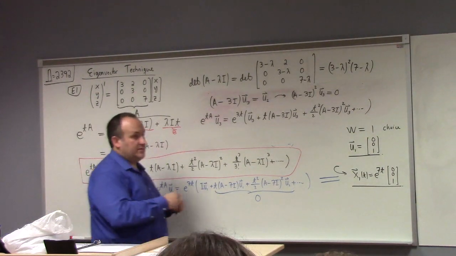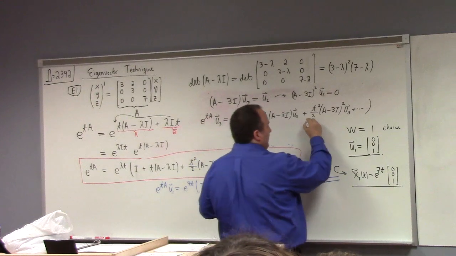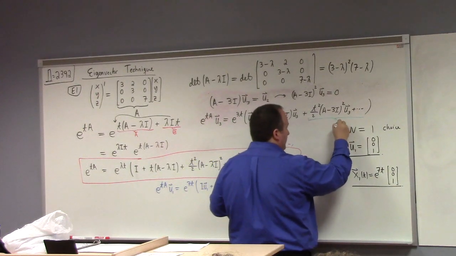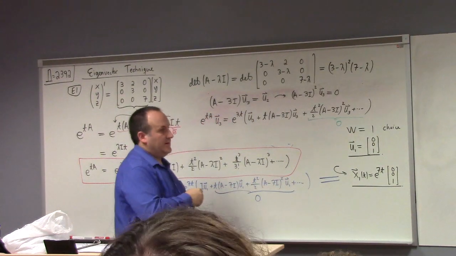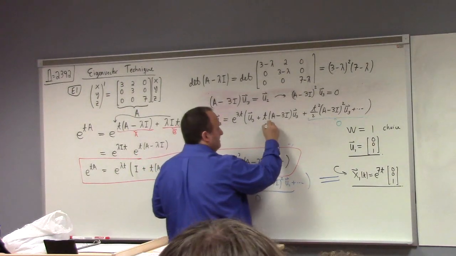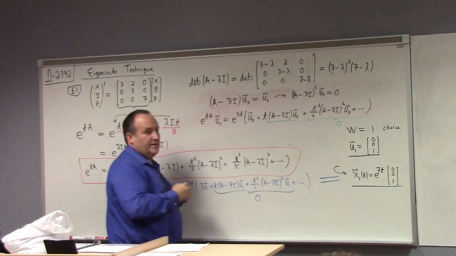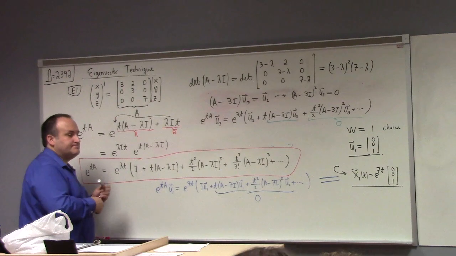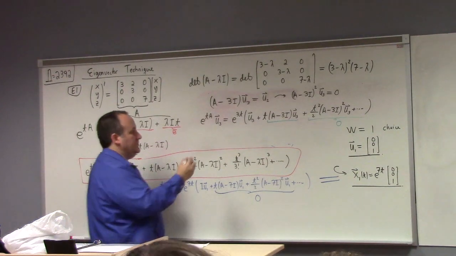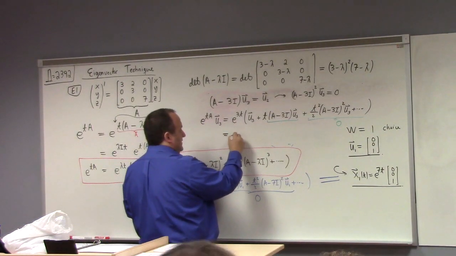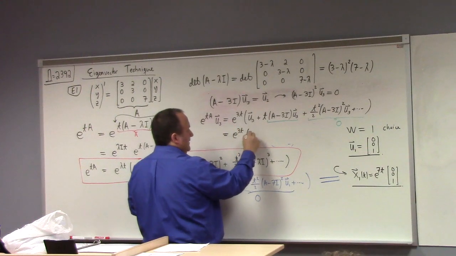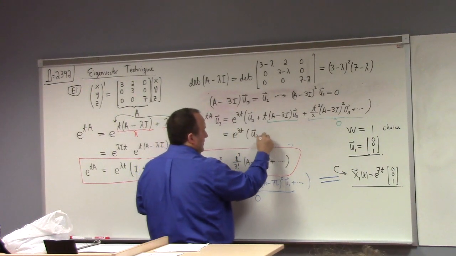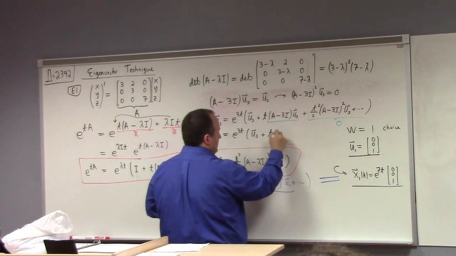In other words, all of this stuff is big fat 0. How about this term, though? Not 0, but u2. So this would be e to the 3t times u3 plus t times u2.